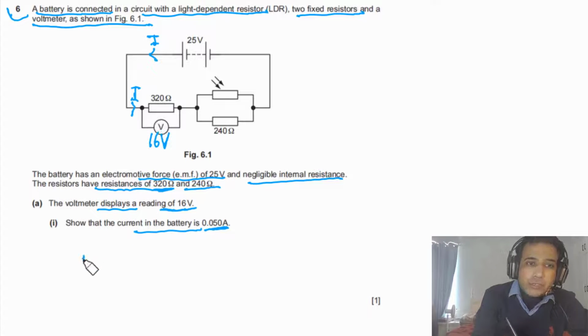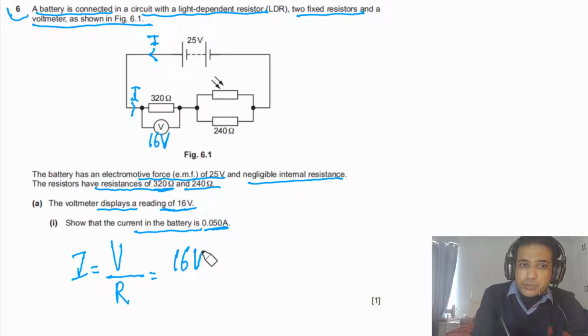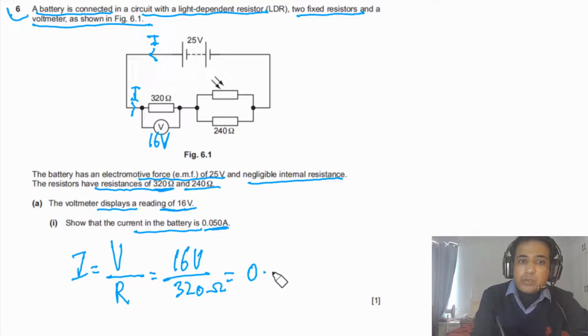So simply we can say current will be equal to the PD across this resistor, divided by the resistance of this resistor, so we can say capital R. We have the PD across this one, that is equal to 16 volts, and the resistance of this one is 320 ohms. Now if we solve this one, we will get 0.050 amps. So this is our answer, and this question has 1 mark. If you got the right answer, you will get 1 mark.